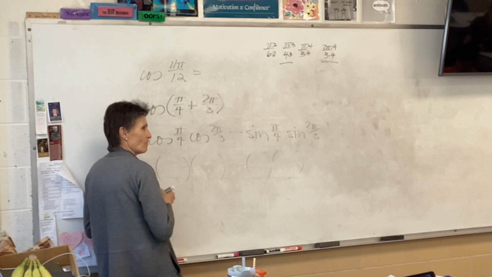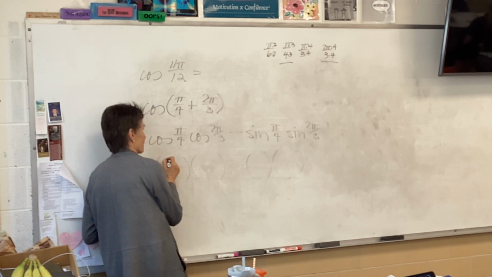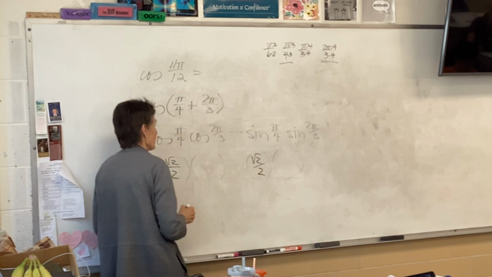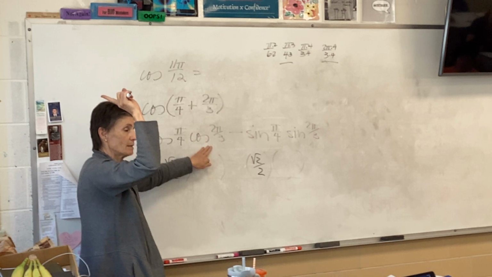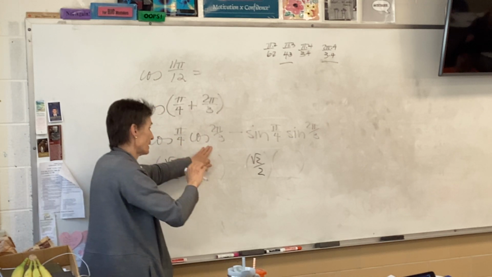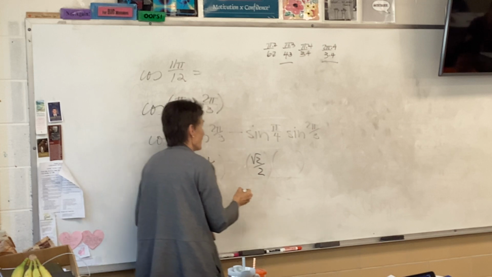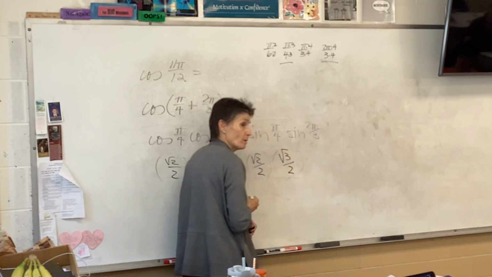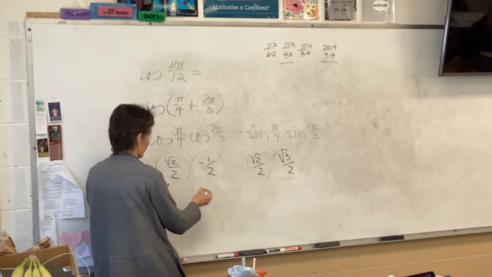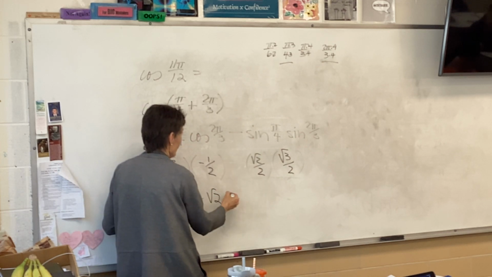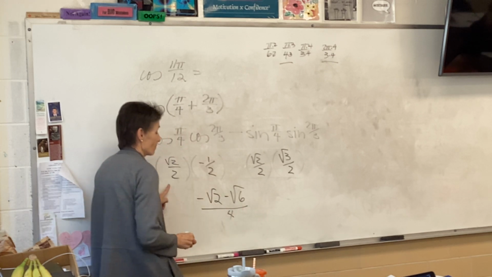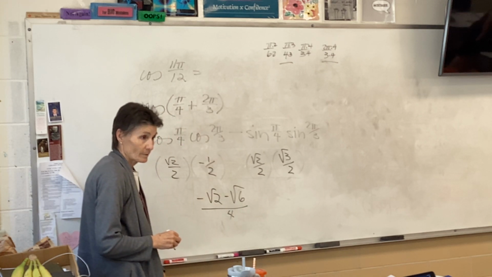All right, cosine pi over 4: root 2 over 2. Sine is the same. All right, now 2 pi over 3: negative 1/2. And sine will be positive root 3 over 2. So negative root 2 minus root 6, all over 4. Okay?